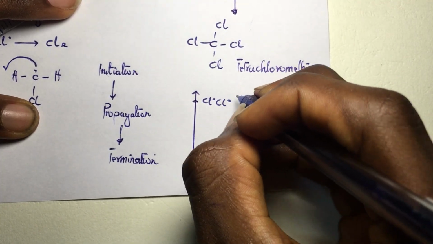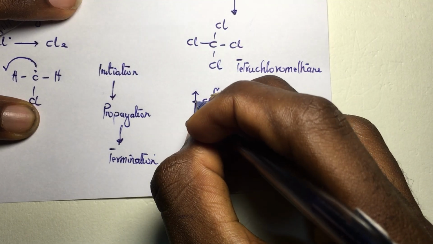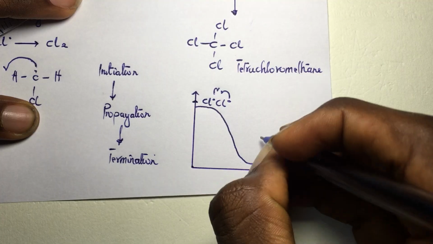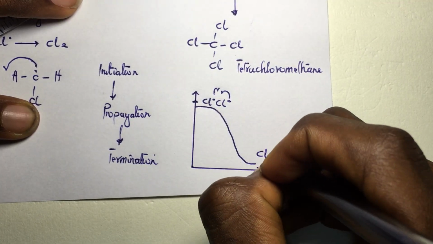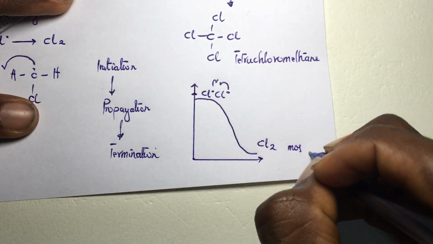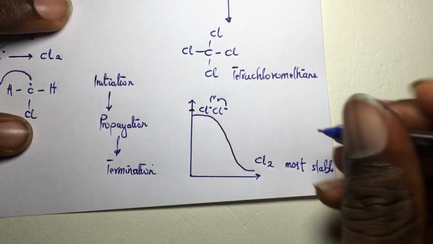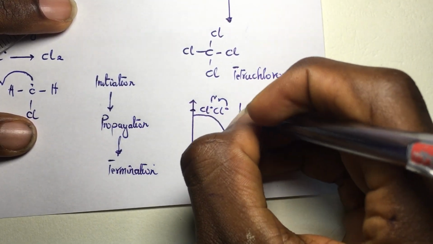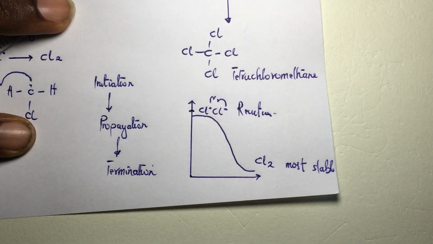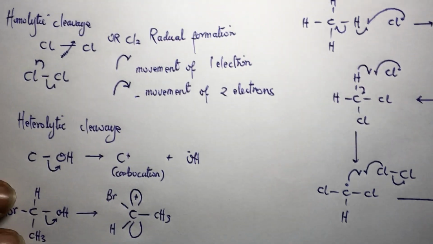When these two things come together, your energy is going to come down. You are going to have Cl2, meaning the Cl2 is the most stable, but this one is actually very reactive and it is unstable. You get it? So that brings us to the end of the lesson for the halogenation of alkanes.